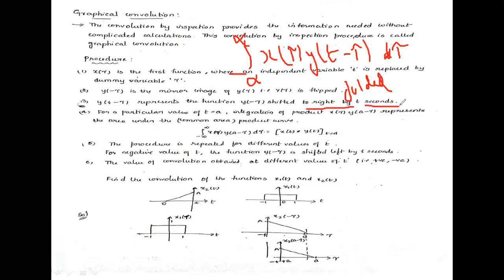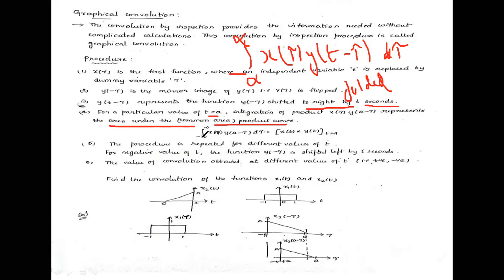Then y of t minus tau represents the function y of minus tau shifted towards the right side by t seconds. For every value of t you shift it towards the right side. For a particular value of t equal to a, the integration of the product x of tau and y of a minus tau represents the area under the product, the common area.